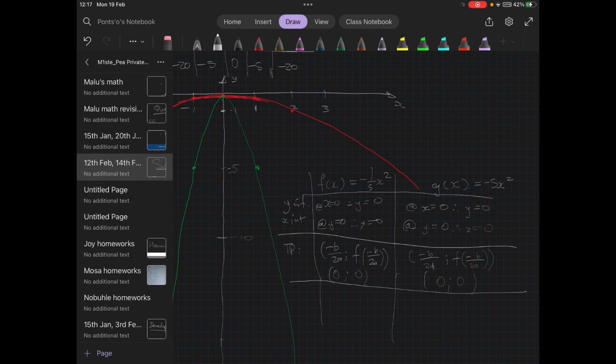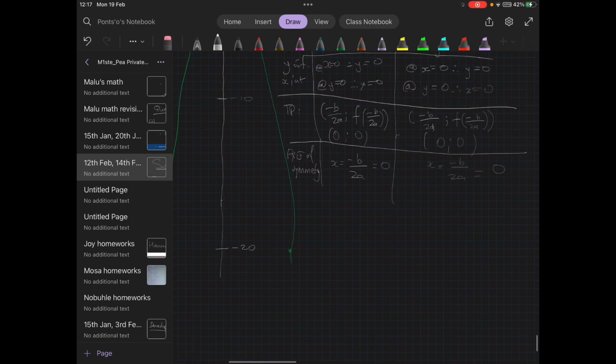And then axis of symmetry is the x value corresponding to the turning point. I guess it's 0 for both of them, right? Yes, because b is 0.